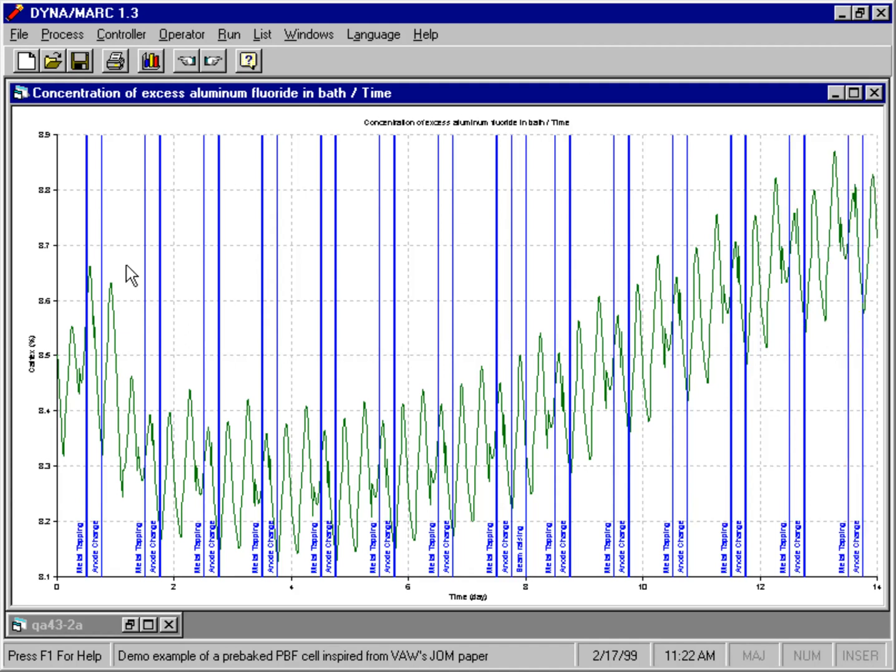This creates a sudden melt of the ledge and the dissolution of the excess AlF3, doing some work to the controller, which must change the amount of excess AlF3 feed to the cell to go back to the target of 8.5%.